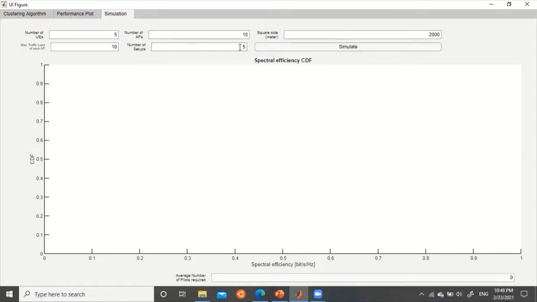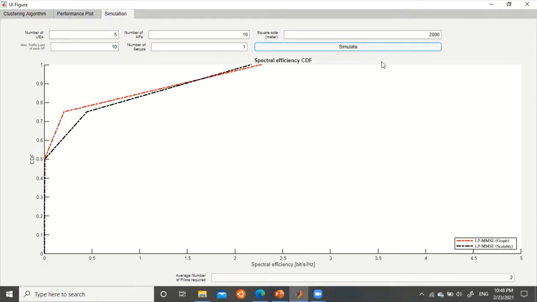For example, we can see here with these parameters. We can see here the graphic is not so smooth because the setup is only one.